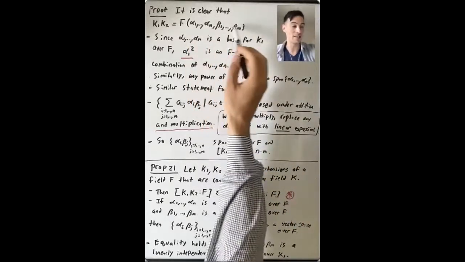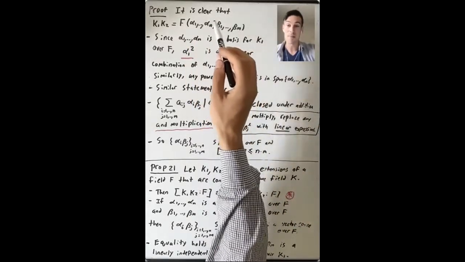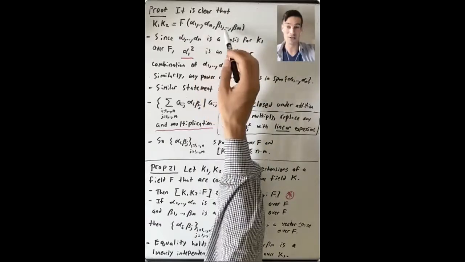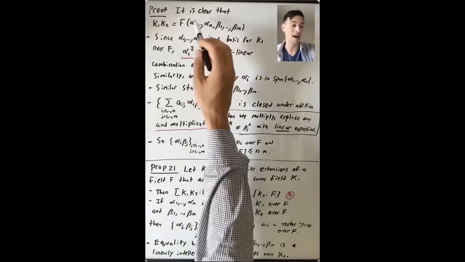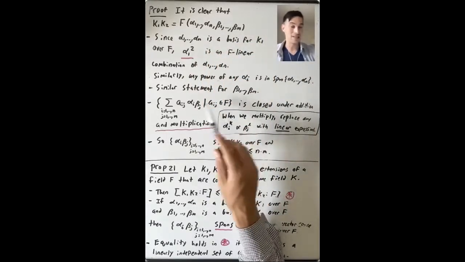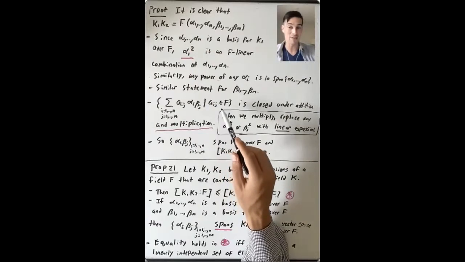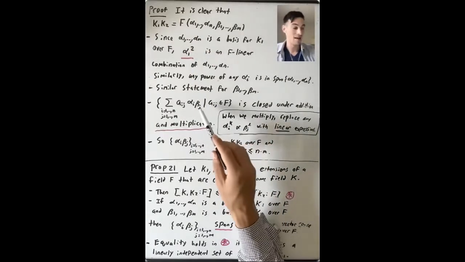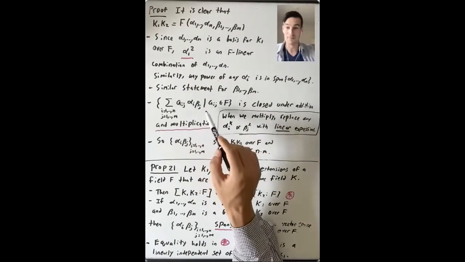We know that elements in this field are polynomials of some degrees with coefficients in F in alpha 1 up through alpha n, beta 1 up through beta m. And what we're seeing here is that we can take any expression of that form, replace those higher powers, and write it in this form.